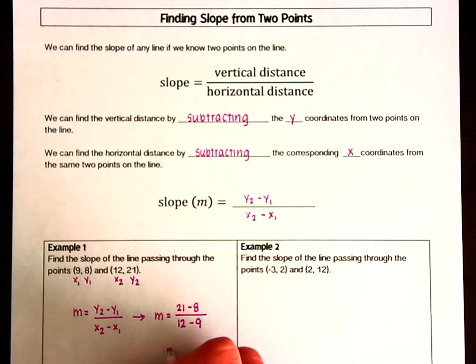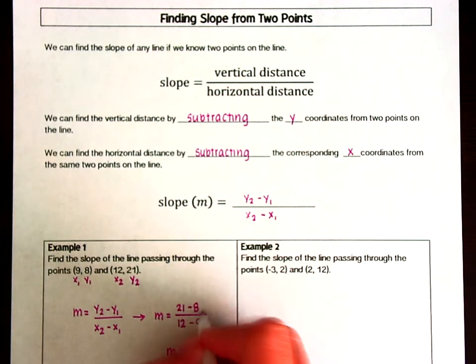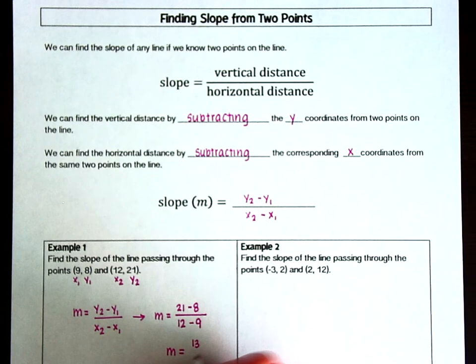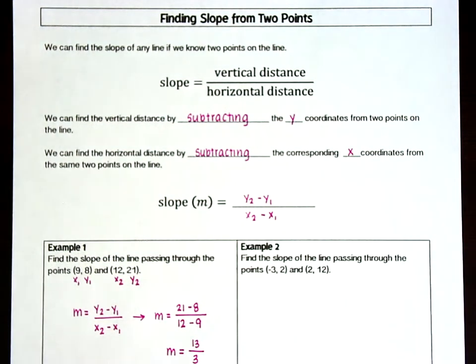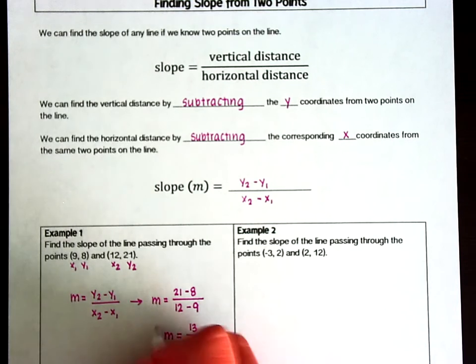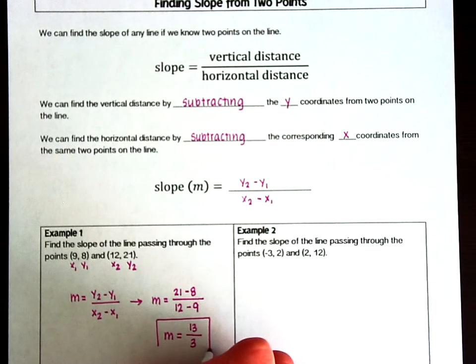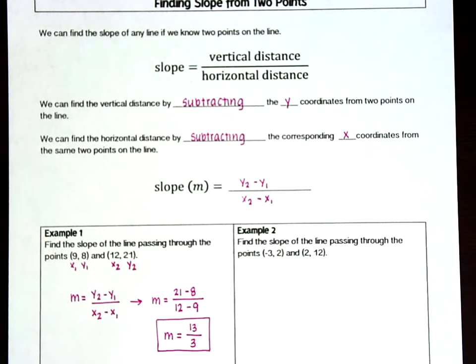So in this case, I can see my slope is equal to 21 minus 8, which is 13, over 12 minus 9, which is 3. So the slope of my line is 13/3, or 13 over 3.